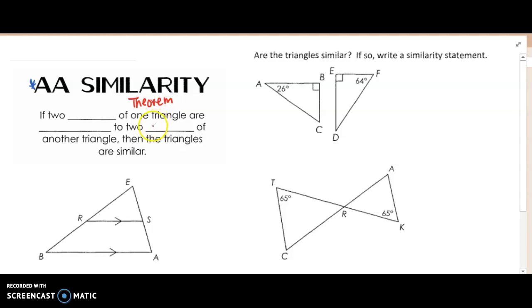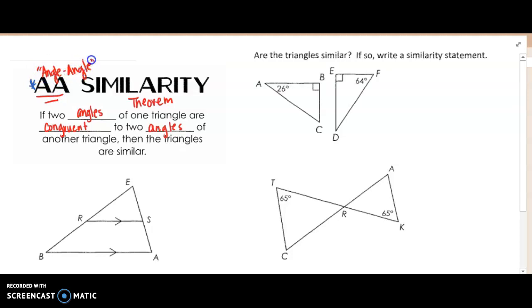This is a theorem. And this theorem basically tells us that if two angles of one triangle are congruent to two angles of another triangle, then the triangles are similar. Now, this AA right here, this is angle-angle.